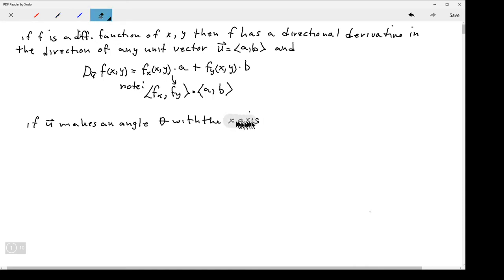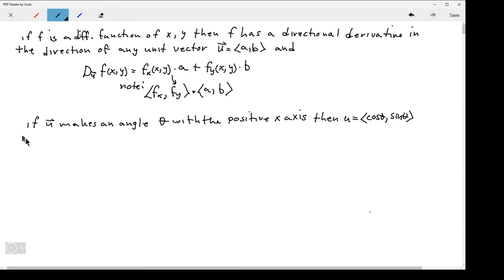I just want to make sure that's clear, that keeps our angle positive, basically, is what I'm concerned about there. Then we can write u as ⟨cosine theta, sine theta⟩, because remember, u is a unit vector, so its magnitude is 1.